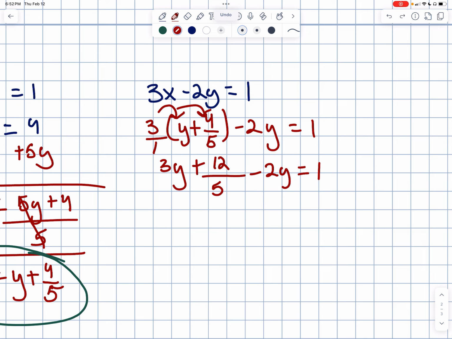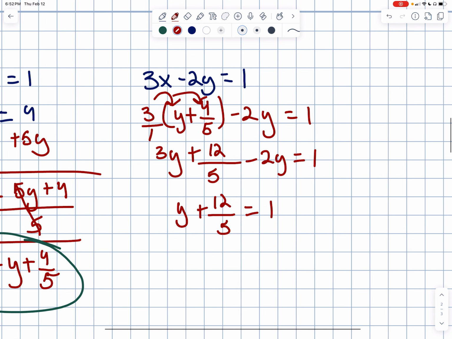So 3 minus 2 is what? 1. 1y, or just y. So let's rewrite that: y plus 12 over 5 equals 1. This looks a lot better, and we can do this.